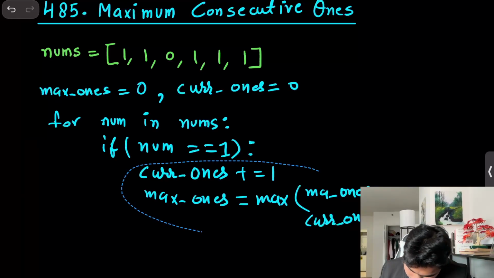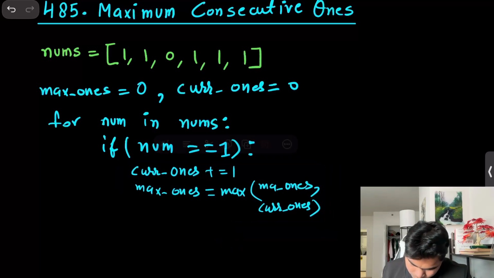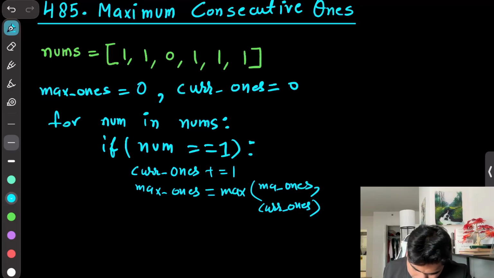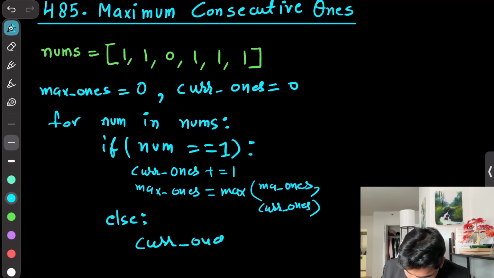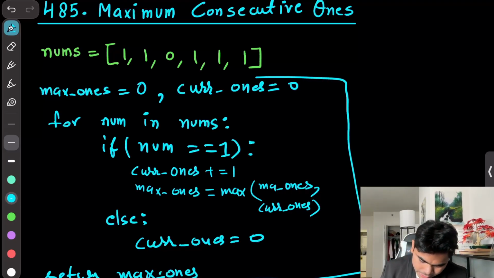Otherwise, you just reset your cur ones to 0. And in the end, you can just return max ones. Awesome, that's our entire code.